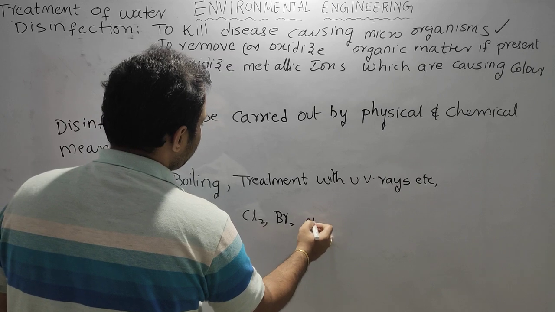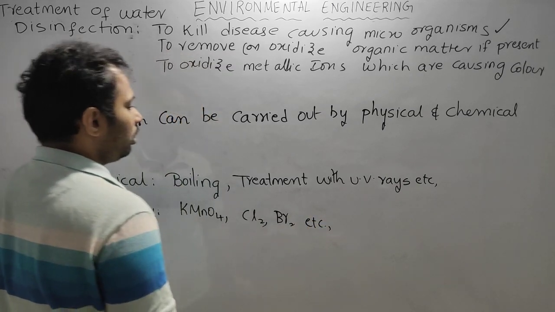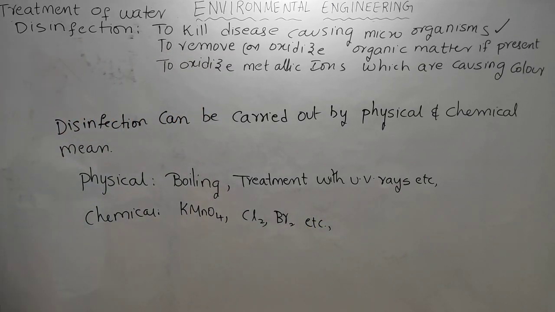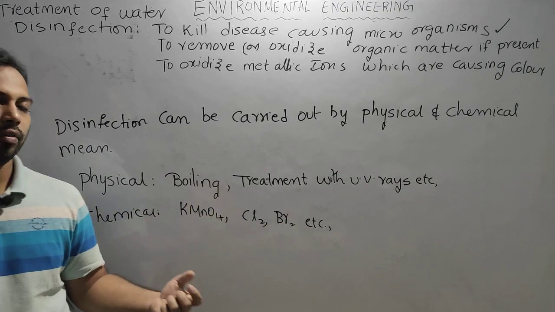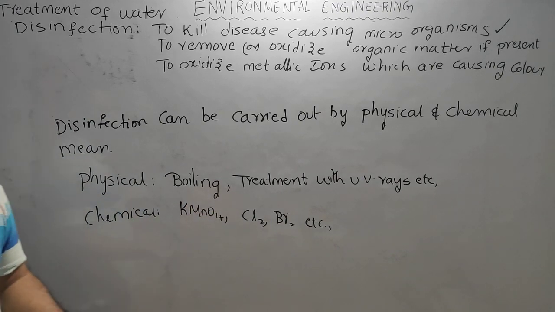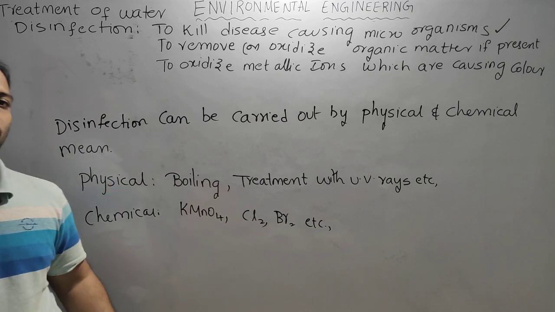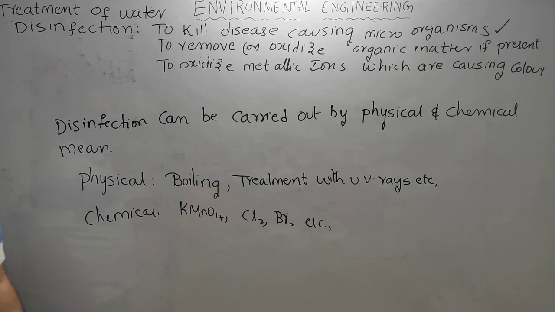When you are adding some chemical to the water to kill the bacteria, that is called chemical treatment. If you are not adding anything, we are giving physical energy. Boiling is giving heat energy, treatment with UV rays is giving light energy. So if you are giving some physical form of energy, then it is called physical means of treatment. And if you are adding some kind of chemicals, then it is called chemical treatment.